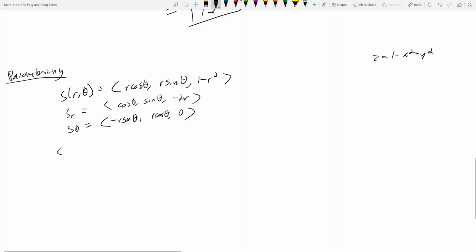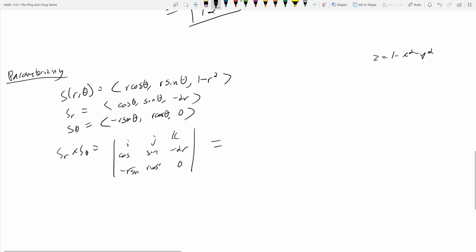And now S_r cross S_theta is equal to the following: i, j, k; cosine, sine, negative 2r; negative r sine, r cosine, and 0.